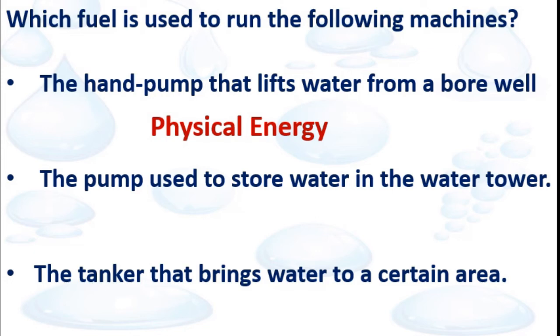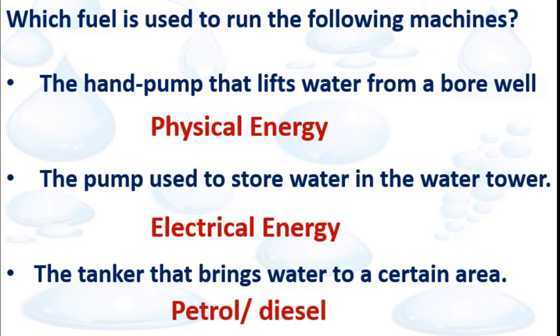Second one, the pump used to store water in the water tower. Correct, that runs on electrical energy. Third one, the tanker that brings water to a certain area. Which fuel do we use for a tanker? Correct, diesel or petrol, isn't it?